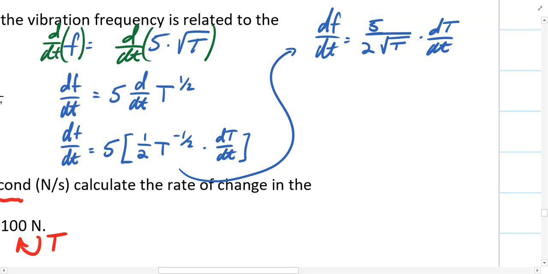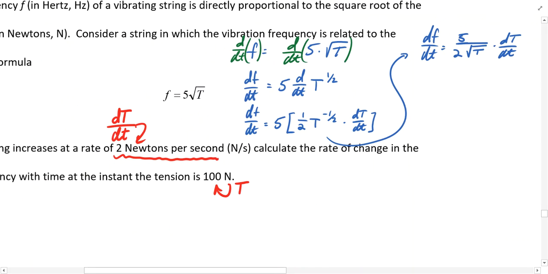Our job is to calculate the rate of change in the frequency, df/dt. This is the part that we don't know. When our tension is equal to 100 newtons, so our T value is 100. And don't forget that our change in tension with respect to time is 2 newtons per second.